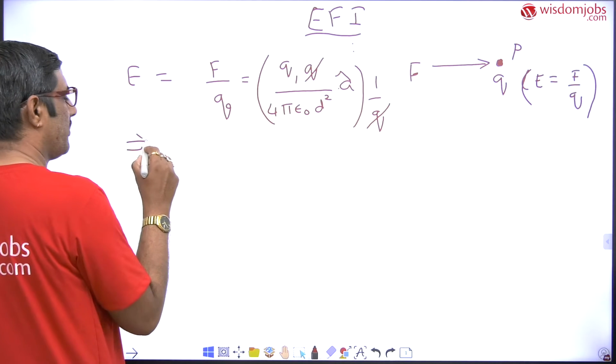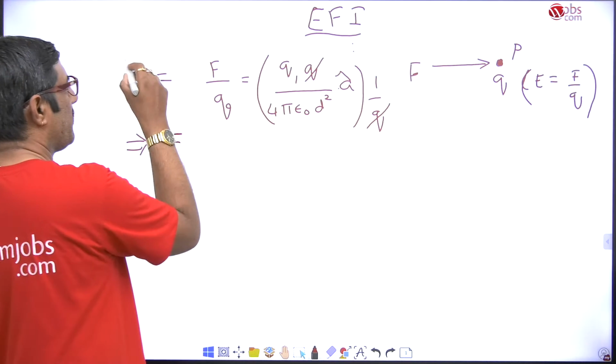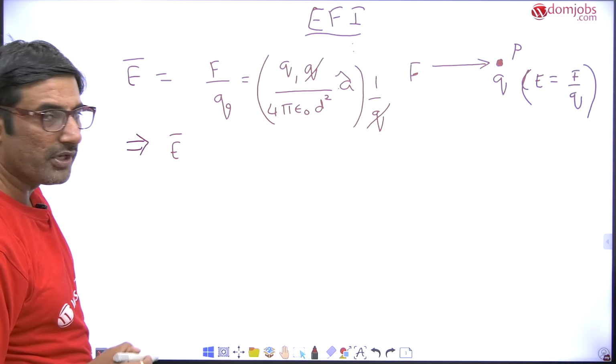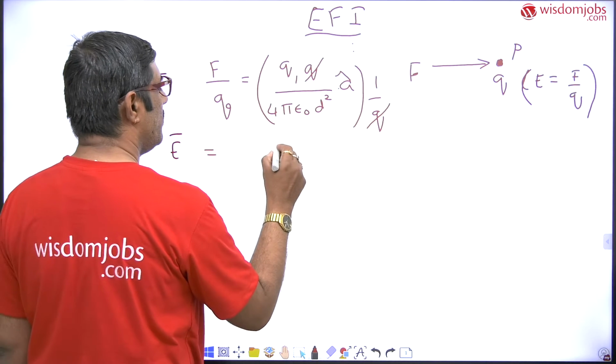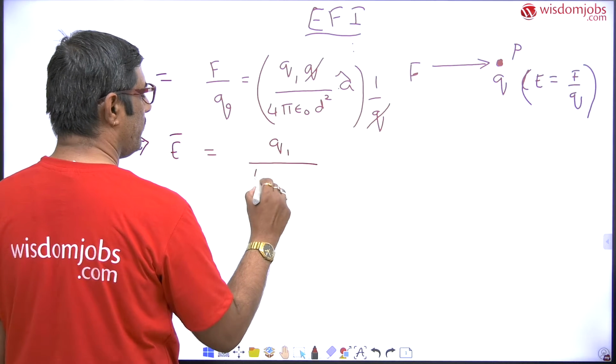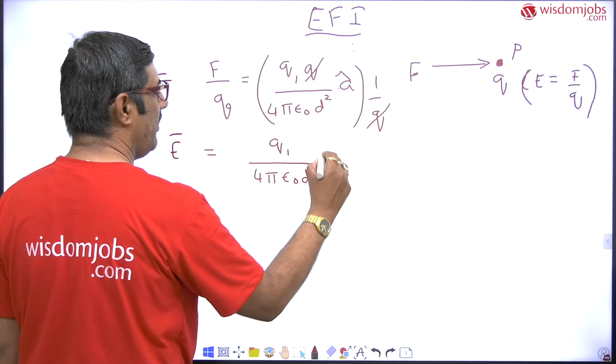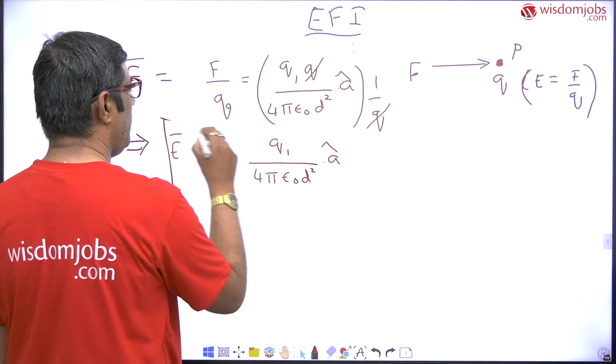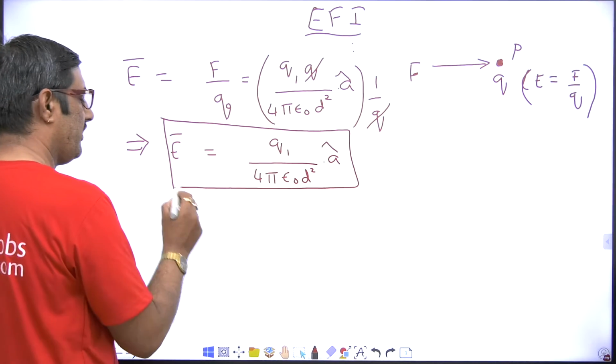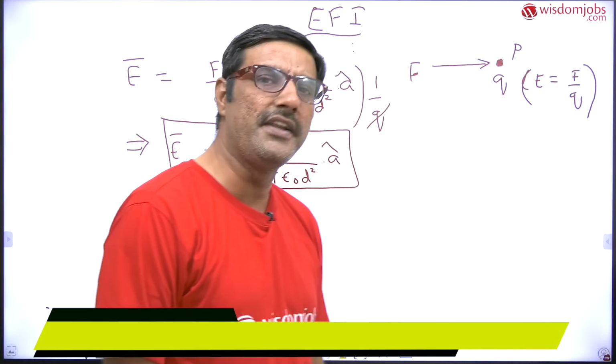So E bar, strictly speaking a vector quantity, so we need to put a bar. E bar is equal to Q1 upon 4 pi epsilon naught d square into a cap. So, this is the expression for electric field intensity due to a point charge.